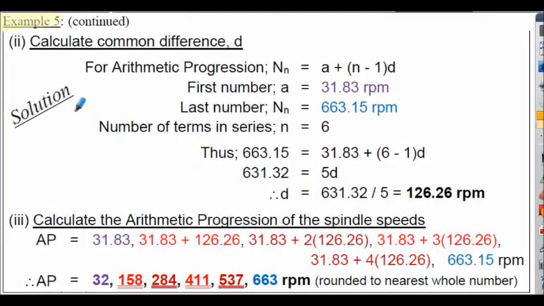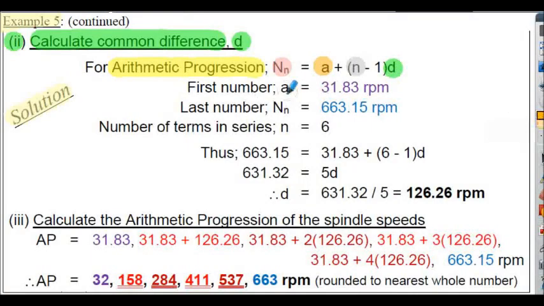Example 5, solution continued. Step 2, we're going to calculate the common difference, labelled lowercase d here. So here's our arithmetic progression formula, the nth term is equal to a plus, in the bracket, n minus 1, multiplied by d. In this case, the first number in the series, a, is actually N1 from our previous slide, so 31.83 RPM.